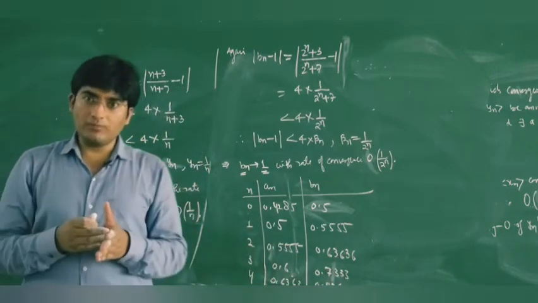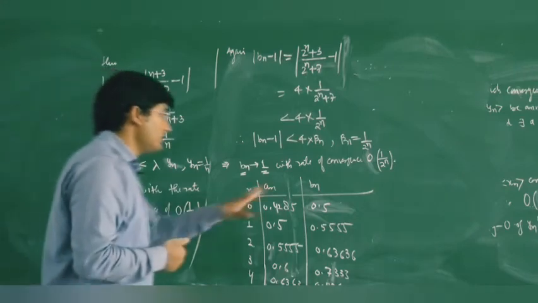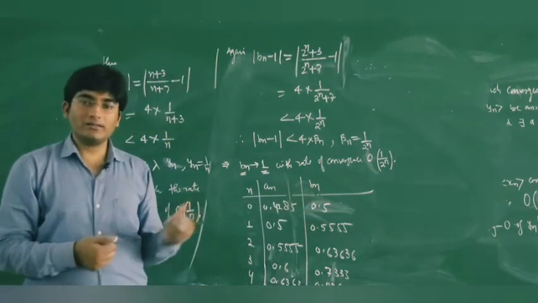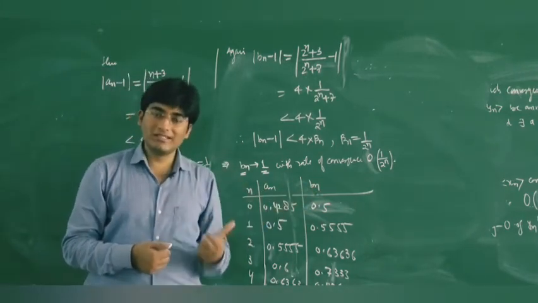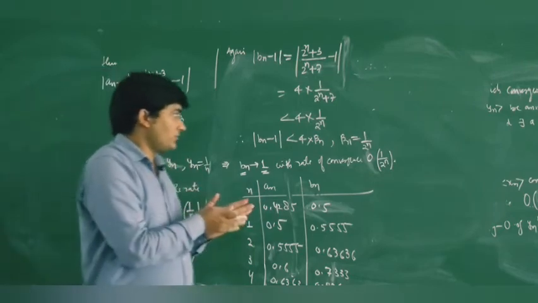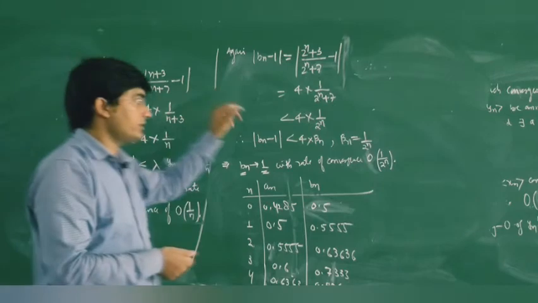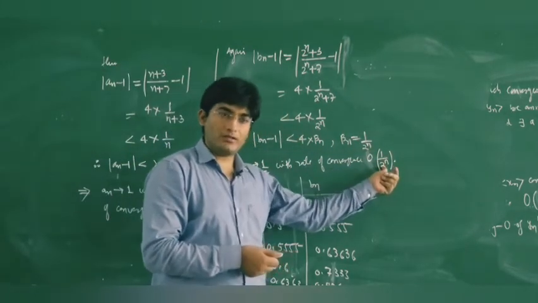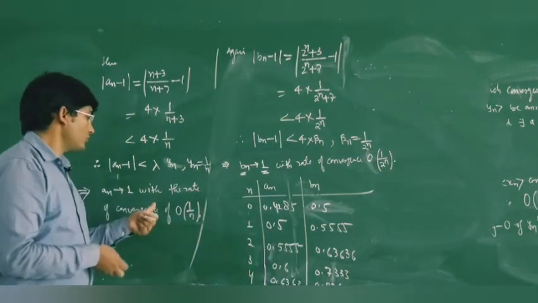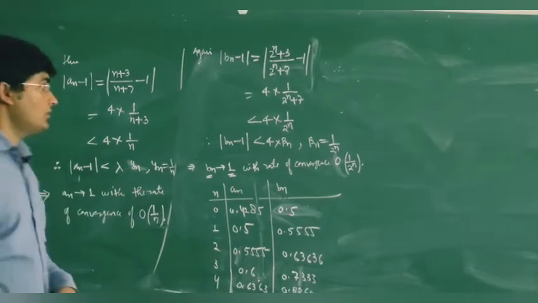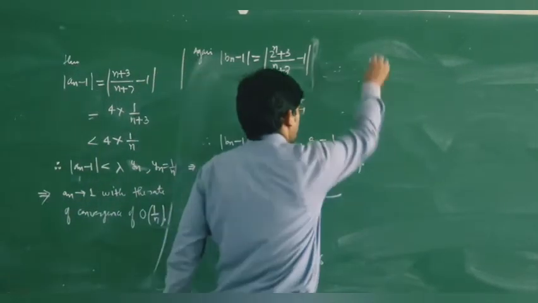So the rate of convergence of this Bn is quicker than the rate of convergence of this sequence An. So the rate of convergence is of the order of 1 by 2n in the case of Bn, and of the order of 1 by n in the case of An. So let us define the order of convergence.